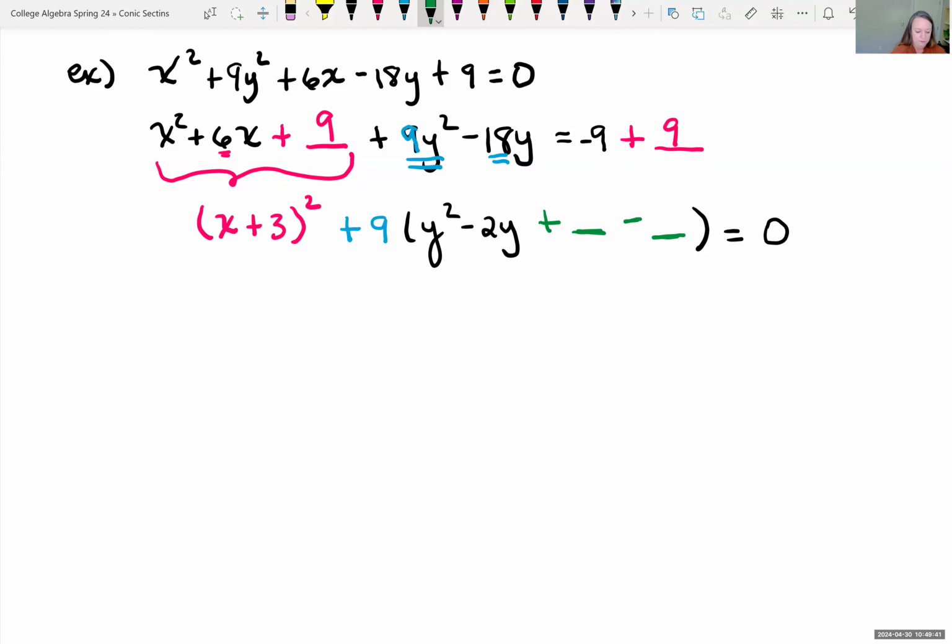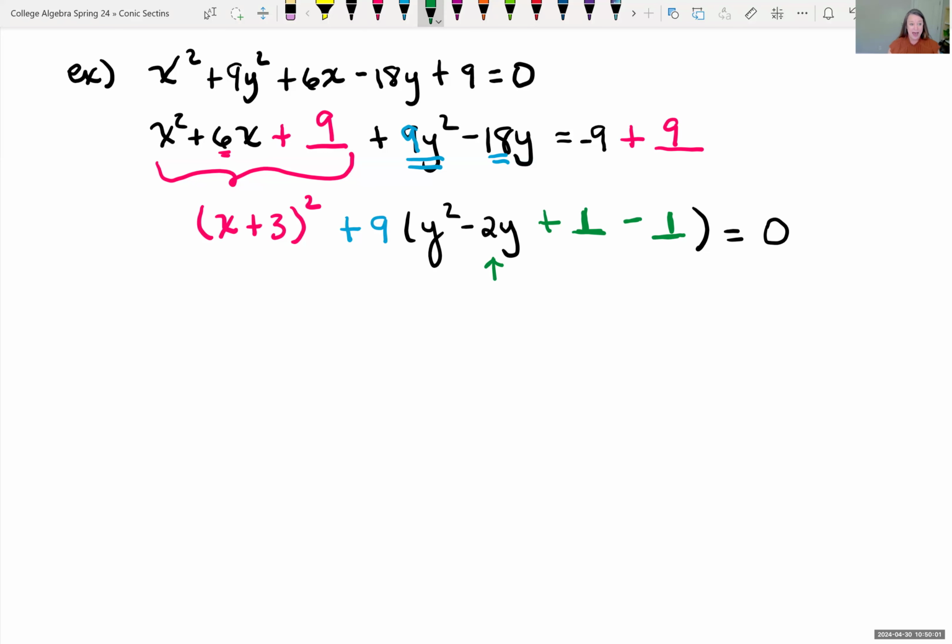So figure out what is the same number that you would add to get -2. So half that number, which is -1. And so we're going to take that number, -1, and square it. So -1 times -1 is 1. And I'm also going to subtract 1 in here.